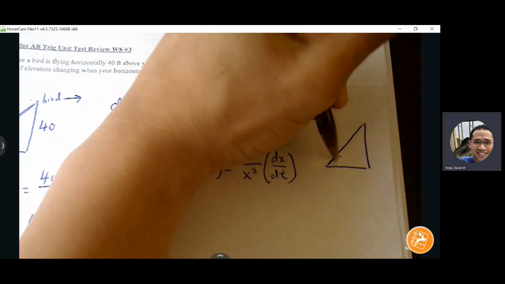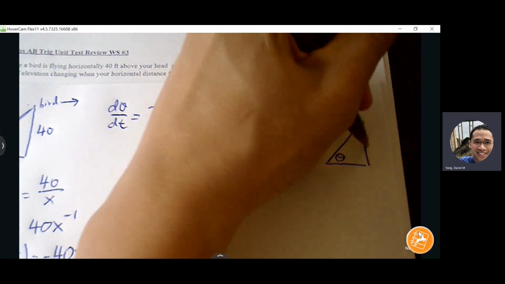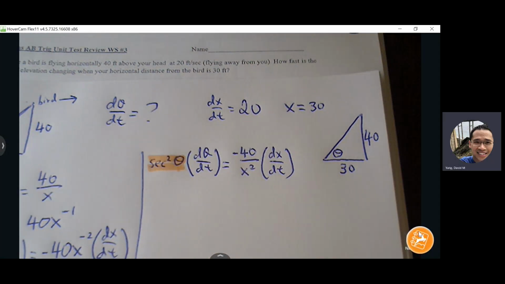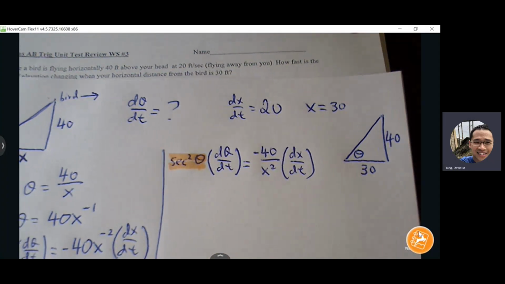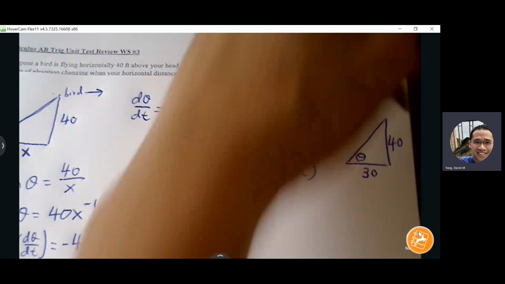Let me create a second triangle so I can focus on the numeric values at this moment in time. 40, 30. This is pretty straightforward. Pythagorean theorem can get me to the hypotenuse, but we can also recognize this as a 3, 4, 5 triangle. So my hypotenuse is just what? 50.